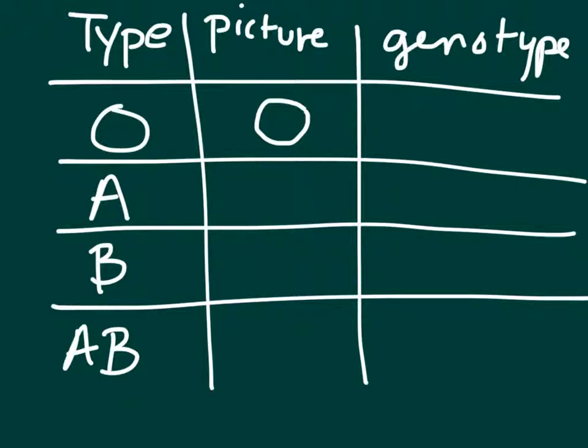Type A blood has that same Smartie shape, but there are proteins on the surface that have one particular shape. Type B blood, again the same Smartie shape, but it has a different shaped protein sticking off the surface.